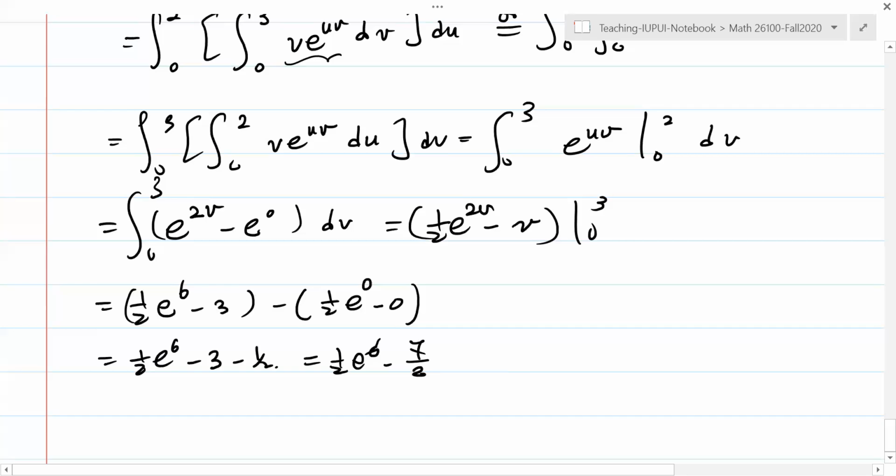And sometimes you are given the transformation, okay? Then you don't need to worry about it. You probably just need to determine the domain using that transformation. It'll be much easier than constructing the transformation.